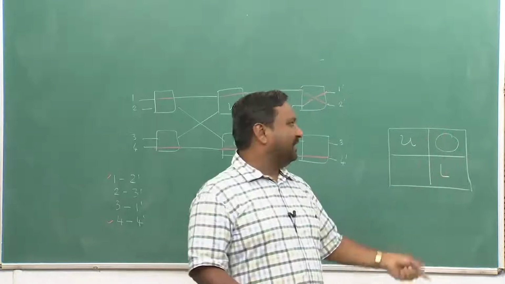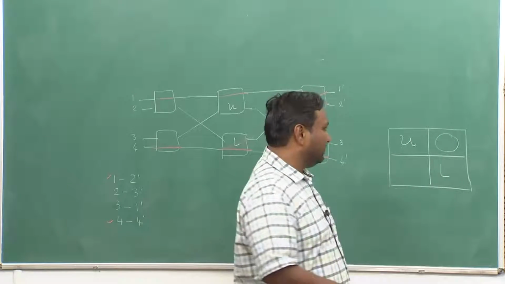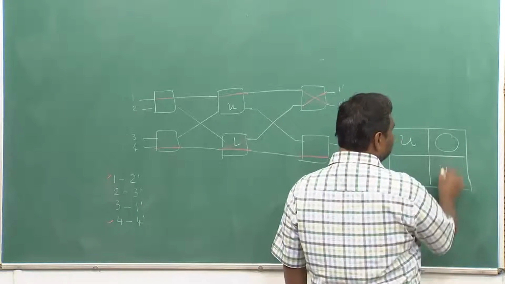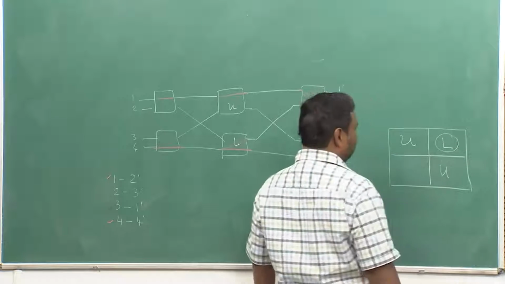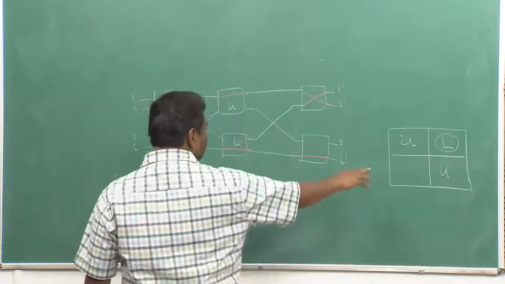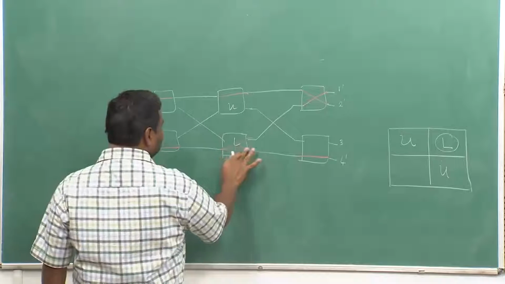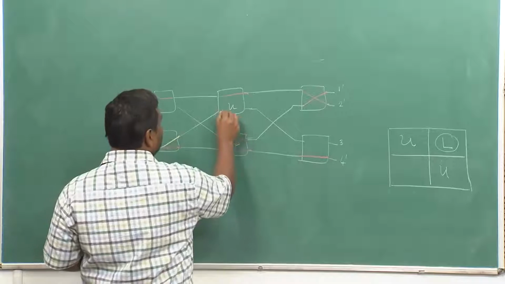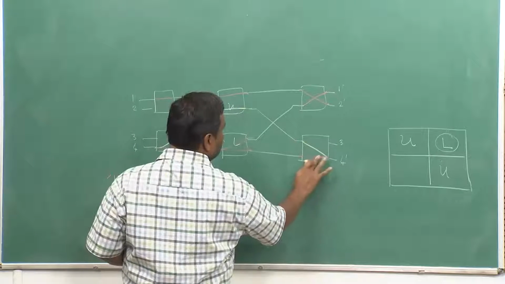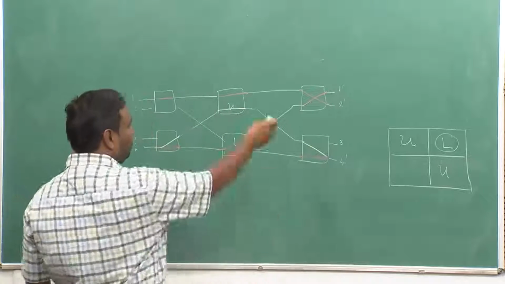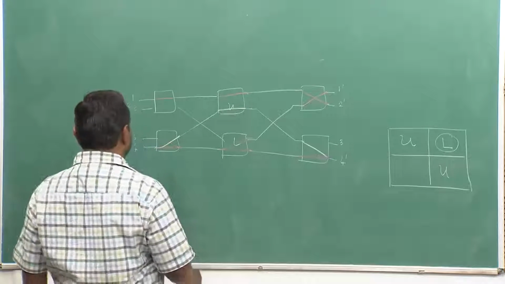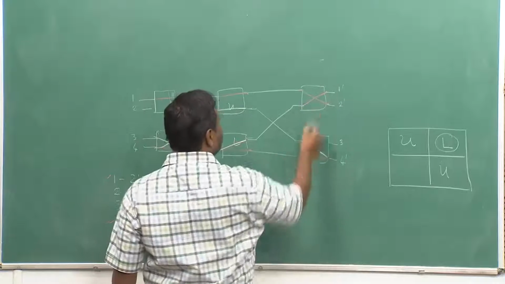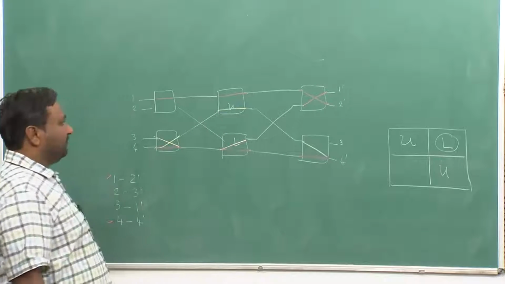If I find a pair, I do the chain search. Here it is actually very simple. One of the elements I just have to convert to U, because the chain will finish here and I will get a free slot here. So, if I have to do the U for 4 to 4, basically I connect this via the upper switch, and then of course put 3 via the lower one and connect to 1 prime.